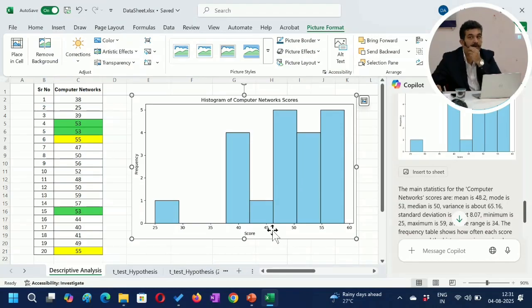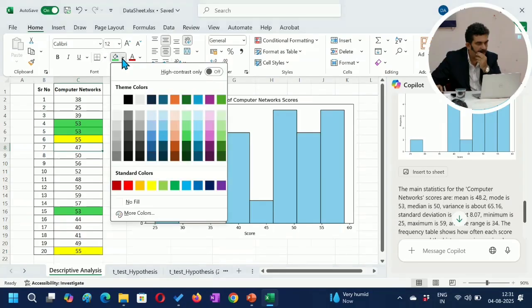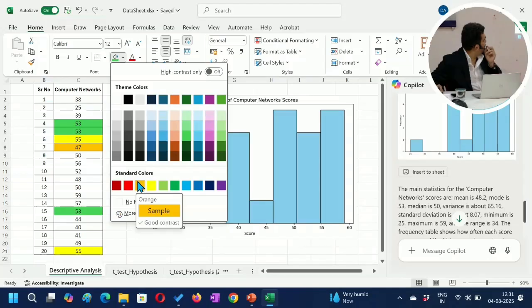So let us find out whether between 46 and 50, 5 values are there or not. 38 is not there, 25 is not there, 39 no, 53, 55 no, 47. Whether the color is visible to you, it's visible.